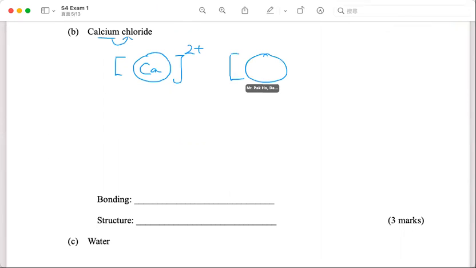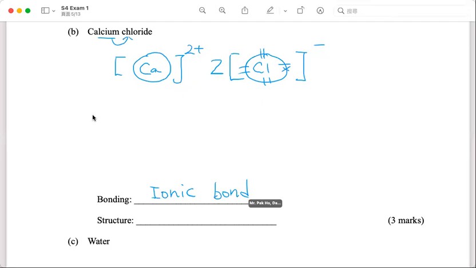Chlorine can gain 1 electron from the calcium atom, so we need one more chlorine to help, forming chloride. So 2 chlorides are needed. As a result, an ionic bond is formed, and the structure is a giant ionic structure.